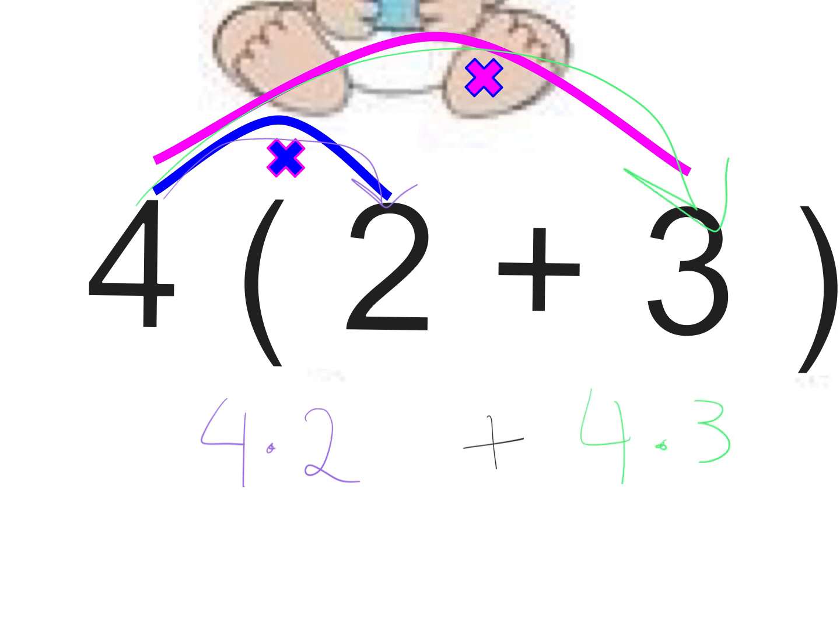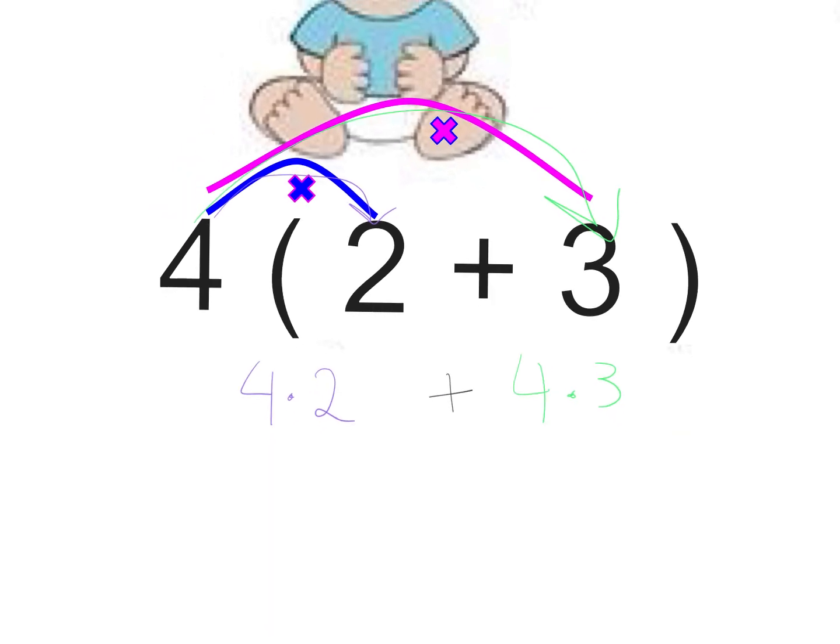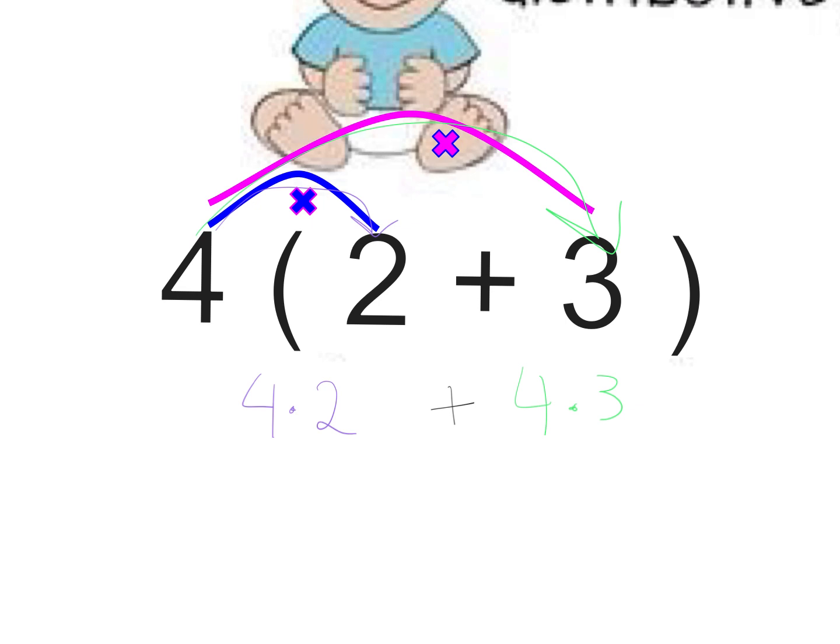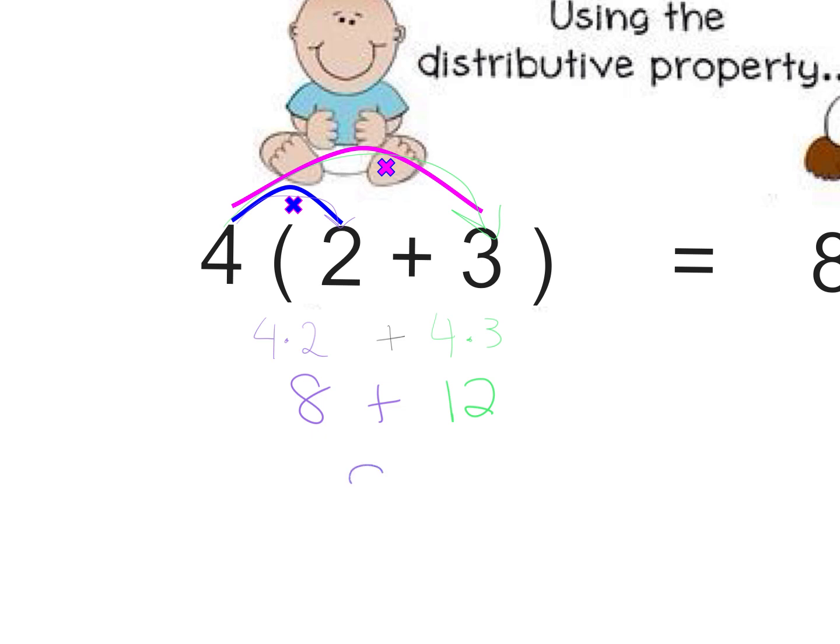And then we could do that math. We've pulled away the parentheses in a different way than we're used to. But the answer comes out the same. So 4 times 2 is what? Everybody? 8 plus, what's 4 times 3? 12. And what's 8 plus 12? 20. Let's look at that another way.